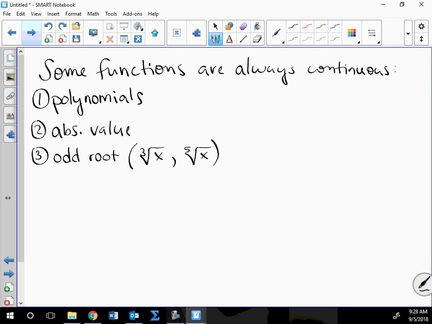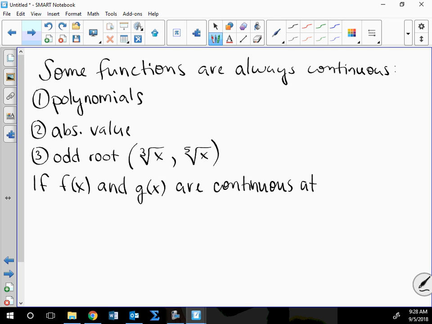Now, a couple more things about continuity. If f of x and g of x are continuous at c, so if we've got two functions that are continuous at a particular point, at x equals c, then we have certain properties that hold true, similar to our limit laws. So then we know that if I have a coefficient times our function, that's also going to be continuous.